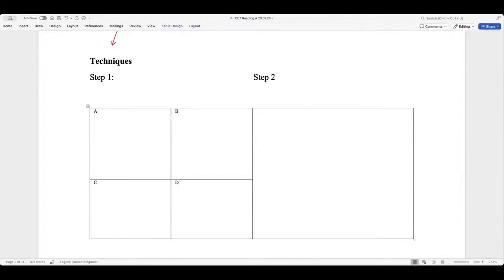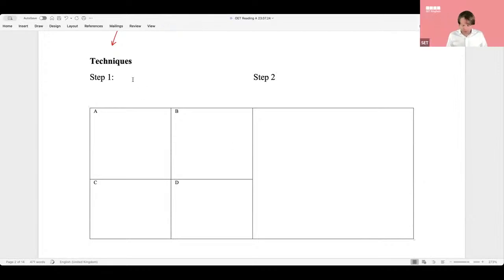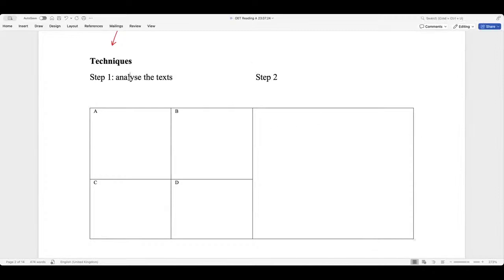Yes and no. They don't always have titles, right? But what we're trying to do, guys, is we're trying to analyze the texts, okay? What does analyze mean? Analyze, like you differentiate the text.